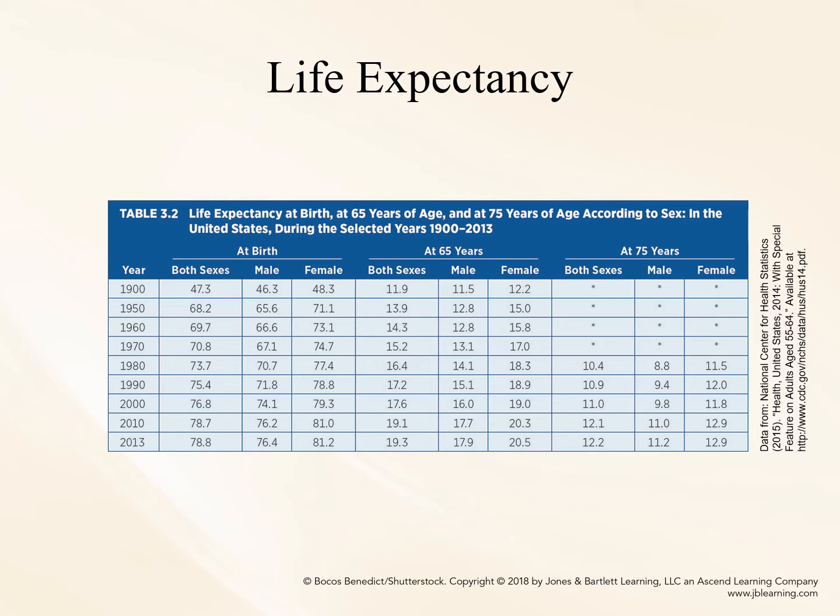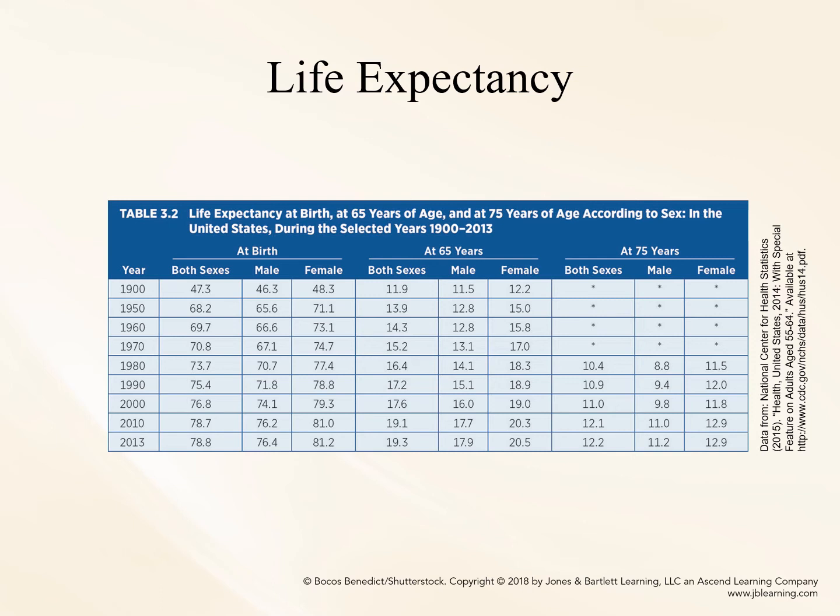And for females, it would be 48.3. Then the average would be 47.3. If we jump straight down to 2013, at birth, the average life expectancy is 78.8. And that's about where we are now. Okay, 78 years. As you might notice, females almost always have a higher life expectancy.